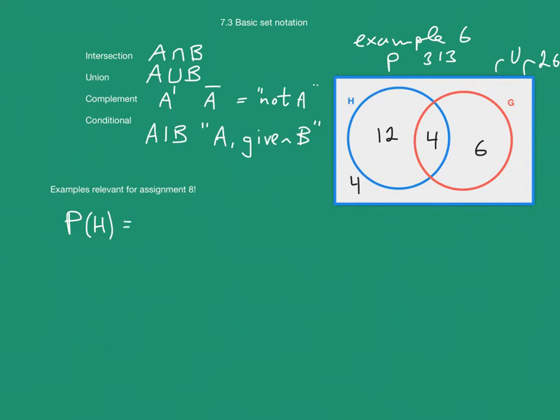So when we want to find the probability of something, we take the number of elements in the set we're looking for and divide that by the number of elements in the universal set. So that's going to be 16 divided by 26, which is the same as 8 divided by 13.